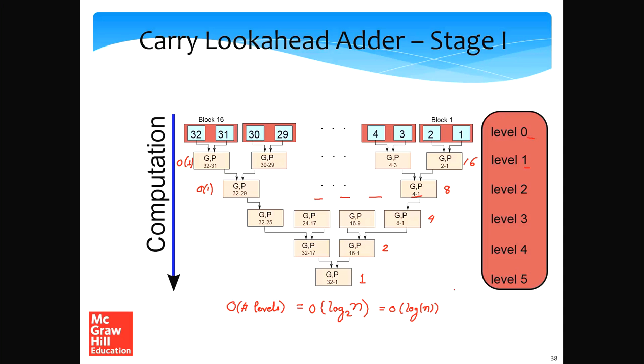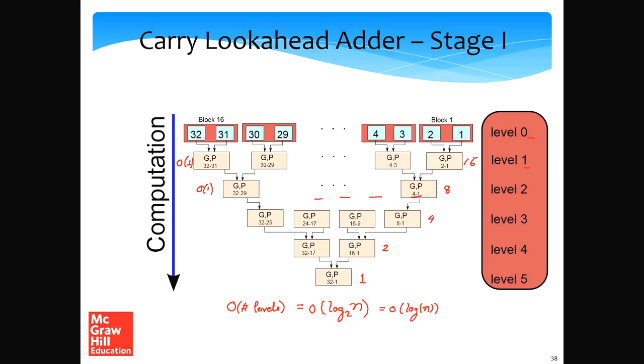So essentially computing the GNP functions for blocks of bits, starting from consecutive bit pairs to 1 to 4, then 5 to 8, 9 to 12, 13 to 16 and so on, and then blocks of 8, blocks of 16 and the entire block of 32, will essentially take order log n time, because for each level we do a constant amount of work, right?